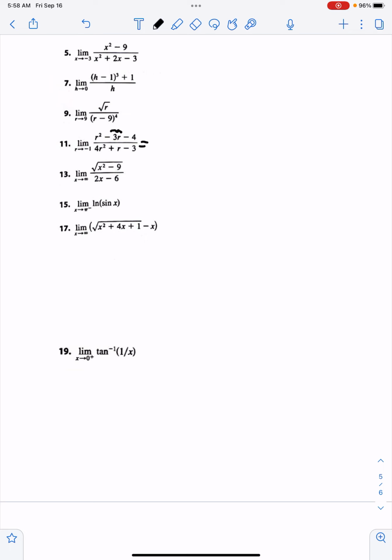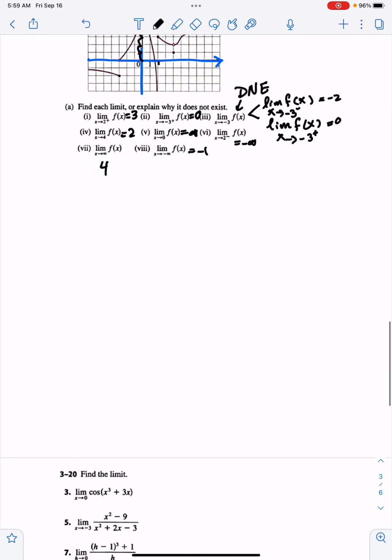So we would say limit as r goes to negative 1. And then on top, I have r squared minus 3r minus 4. So two numbers that multiply to negative 4 and add up to negative 3. I put a comprehensive review of factoring in the chapter 1 modules.